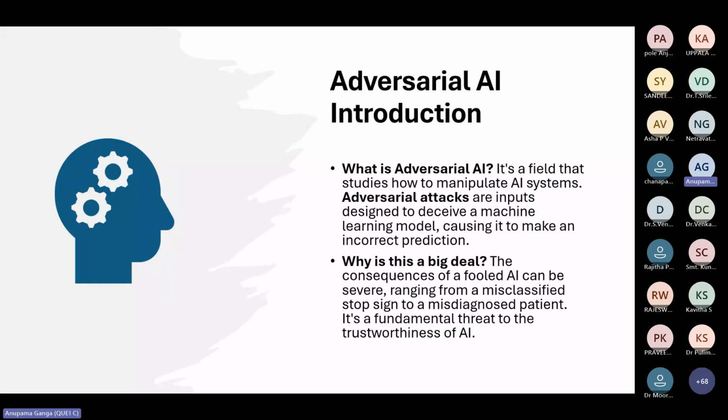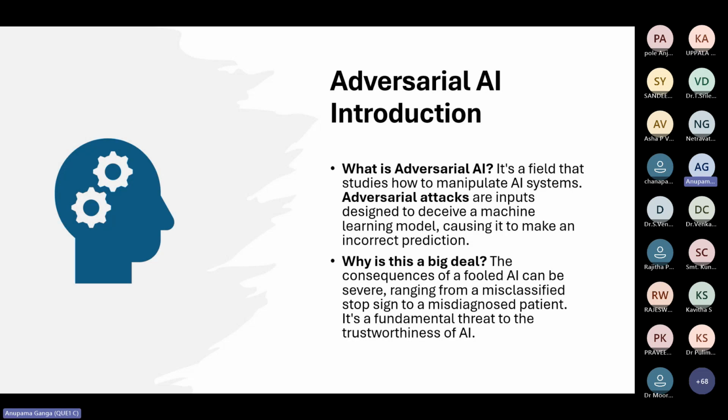So, what is adversarial AI? It is a field that studies how to manipulate AI systems. As we said, these adversarial attacks are designed to deceive the response of the LLM.